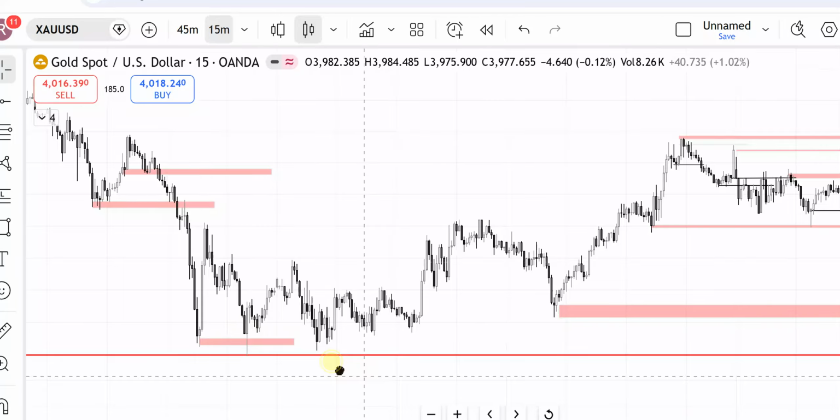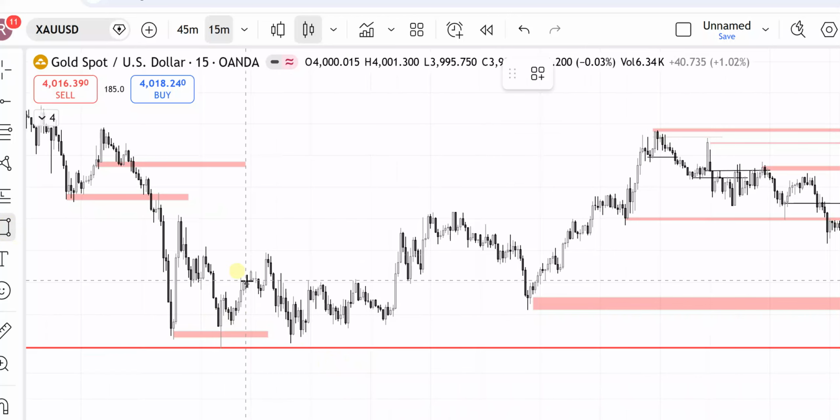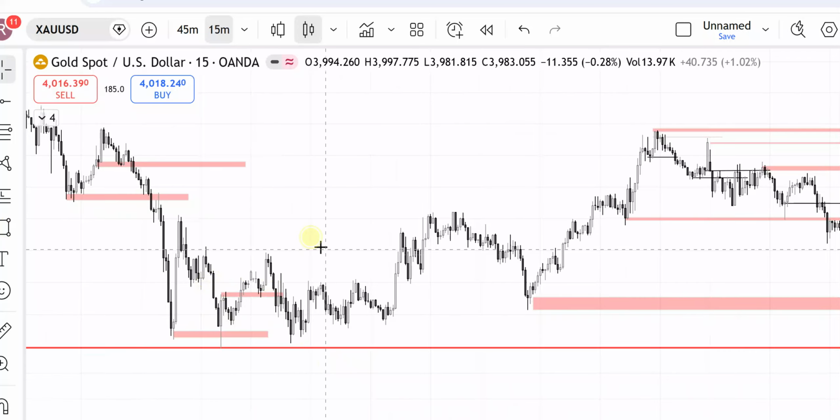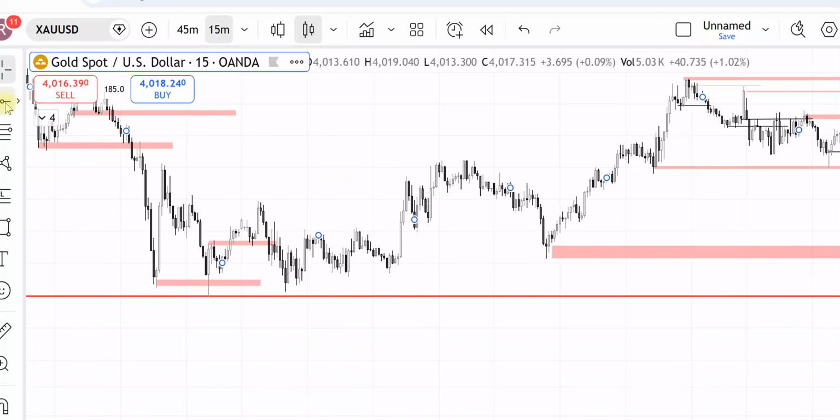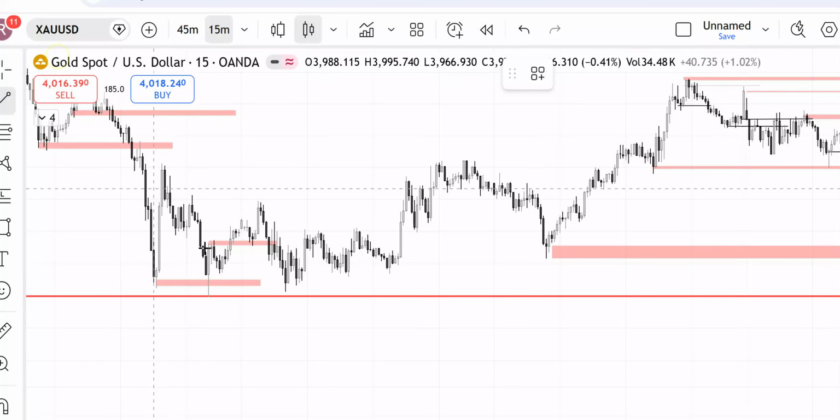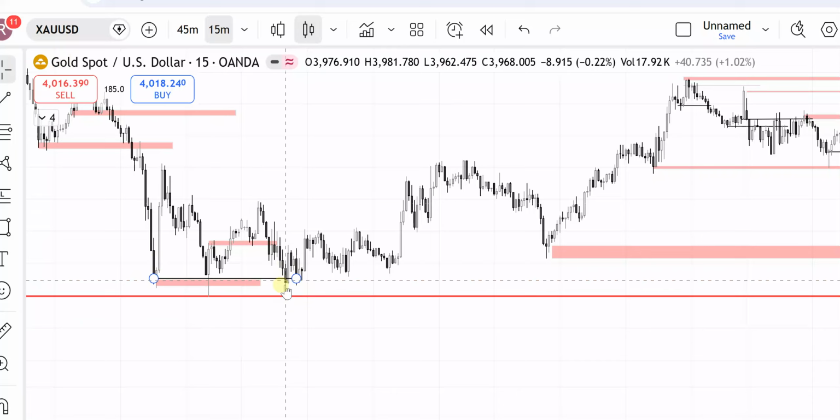So I have to wait for the market to give the structure shift. As you can see here, the market gave the structure shift. So I mark out the key level, my last key level. The market should take the liquidity of my key level, and after the liquidity the market should give a proper closing with the help of a momentum body in the upward direction, above this key level.